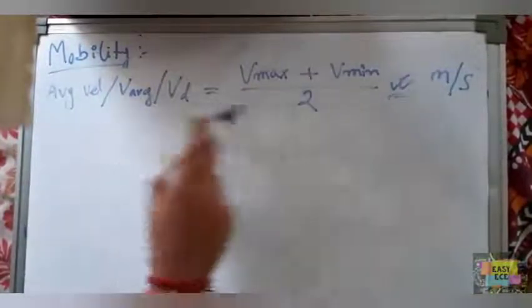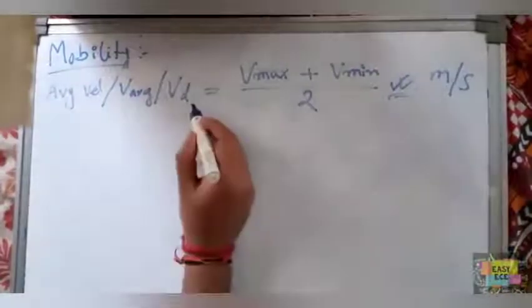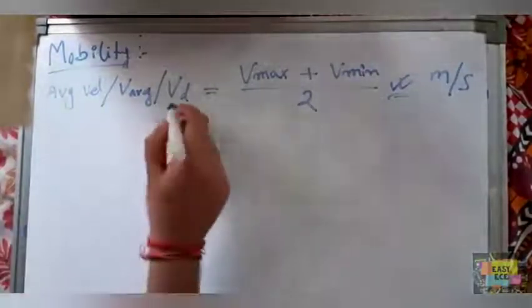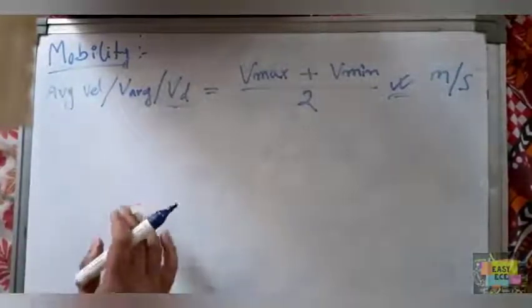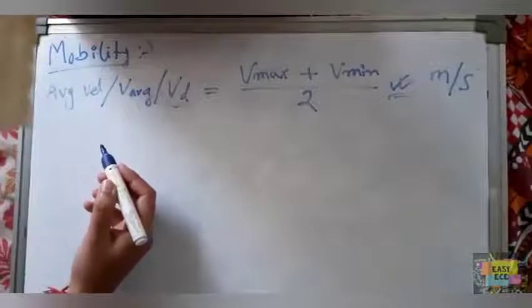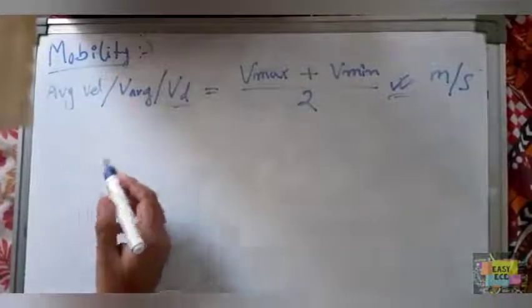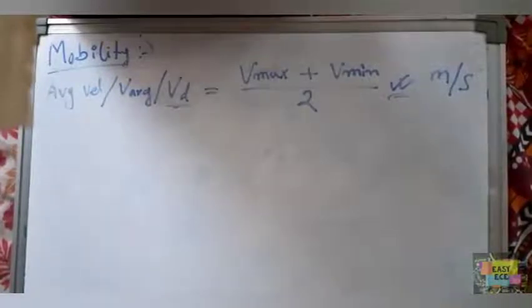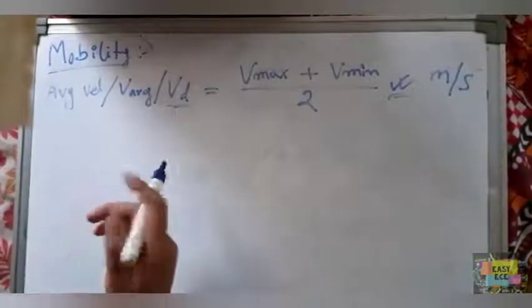You need to remember this, because sometimes questions need the formula of drift velocity. Now in the mobility section we need to know the mobility values of germanium and silicon.